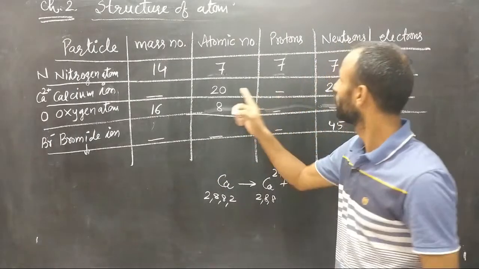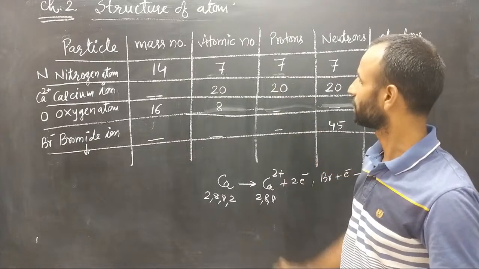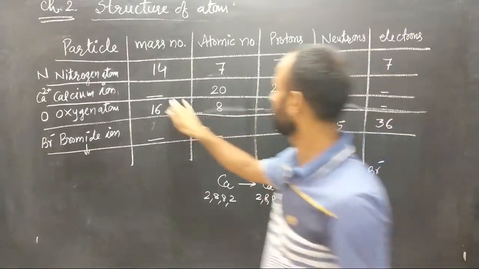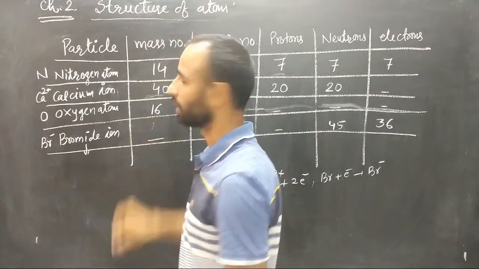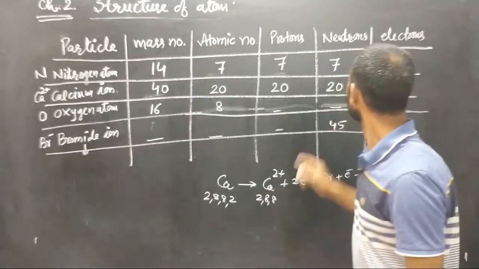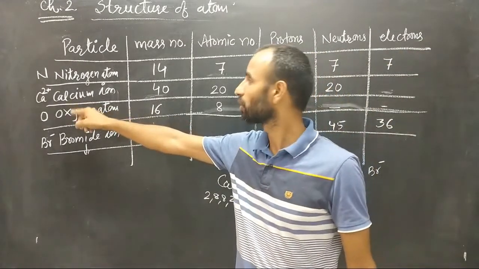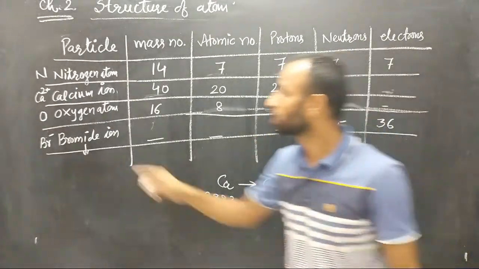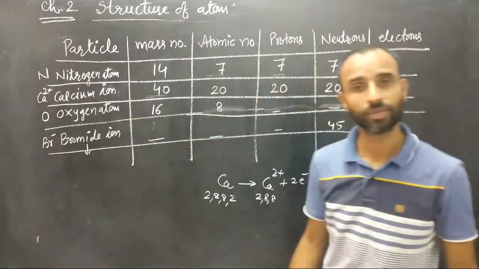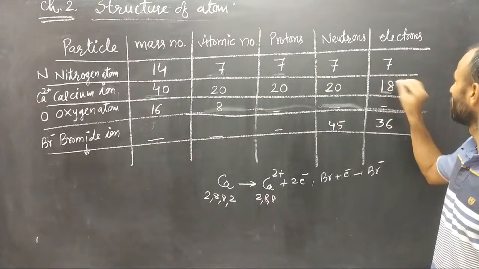Calcium: protons 20, right? So 20 plus 20, mass number is 40. Okay, and what about electrons? Because it is a calcium ion, out of 20 total electrons, 2 electrons are removed. So it is 18 now.